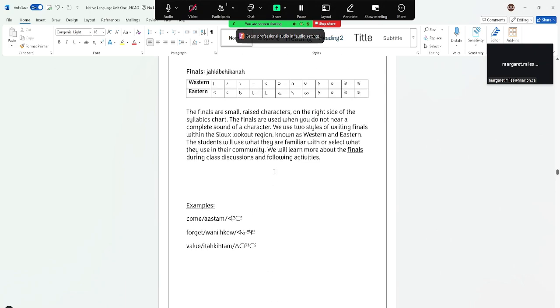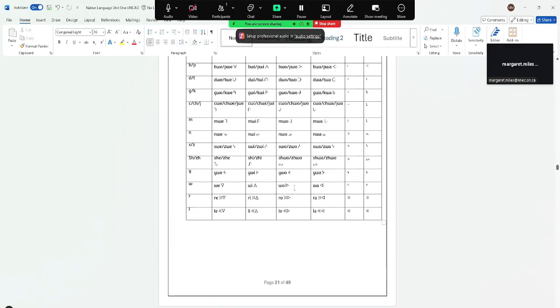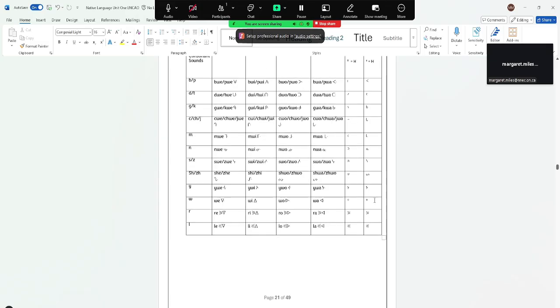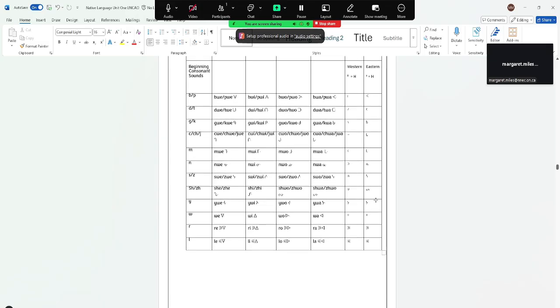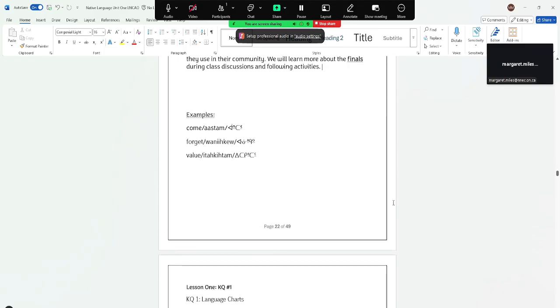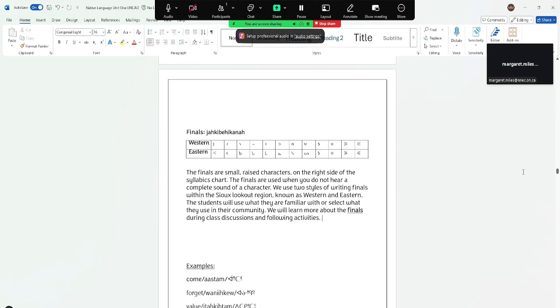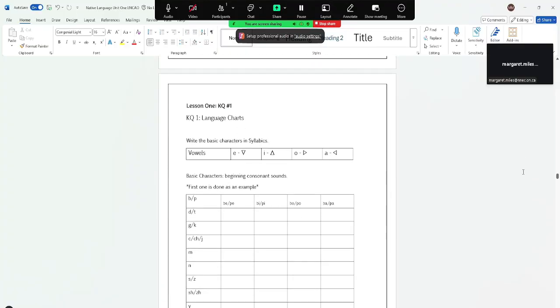So if you go back to the Western on the chart, if you look at that small O on the finals Western, and go to the beginning consonant sound, the W. Again, we will do more activities, more examples as we go.